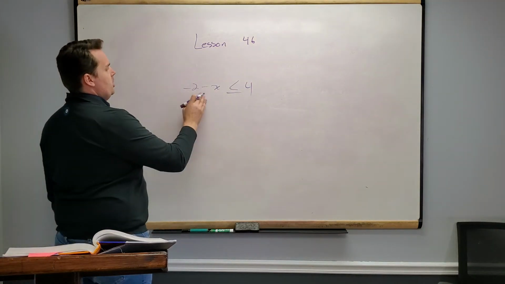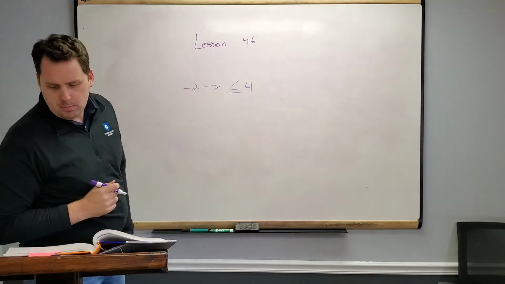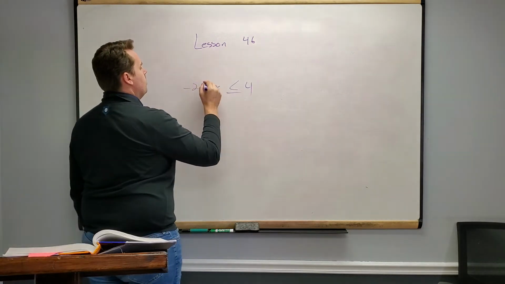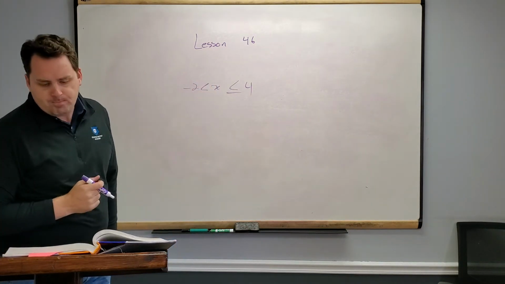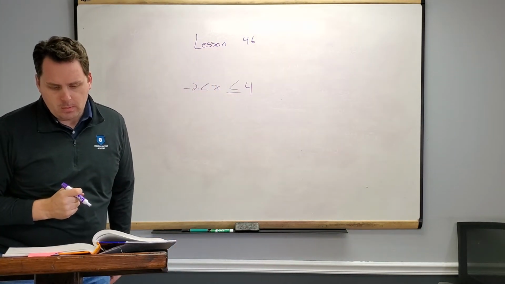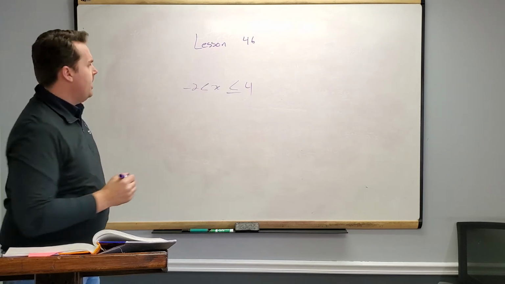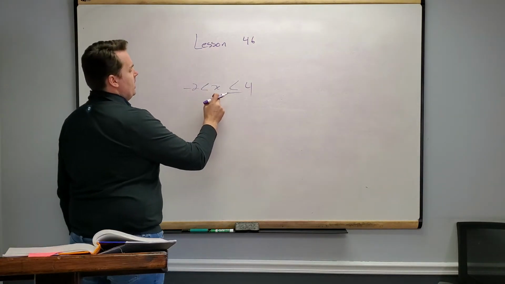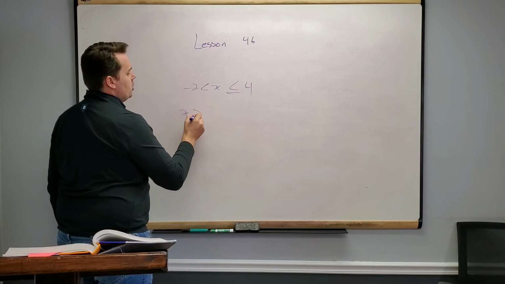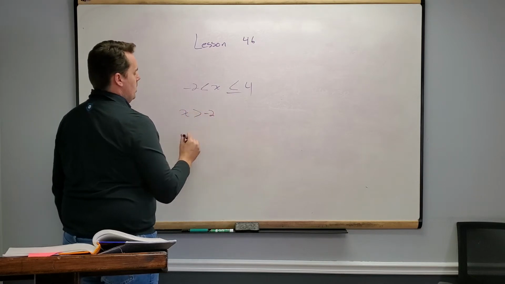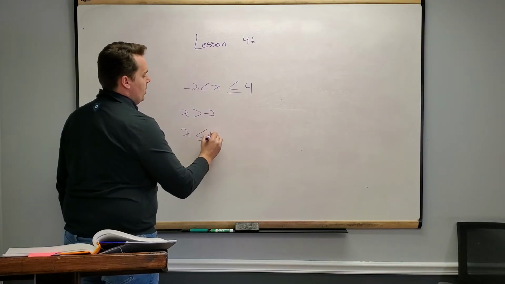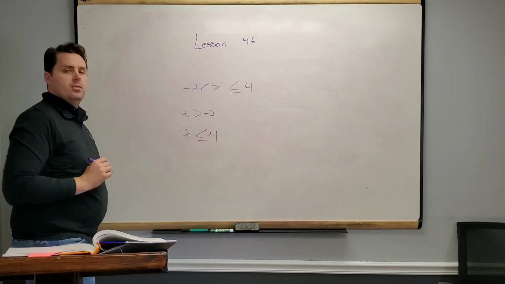So let's change this around. Let's say, less than. Okay, so what is this telling me? Well, it's telling me that if -2 is less than x, x is greater than -2, and then x is less than or equal to positive 4.